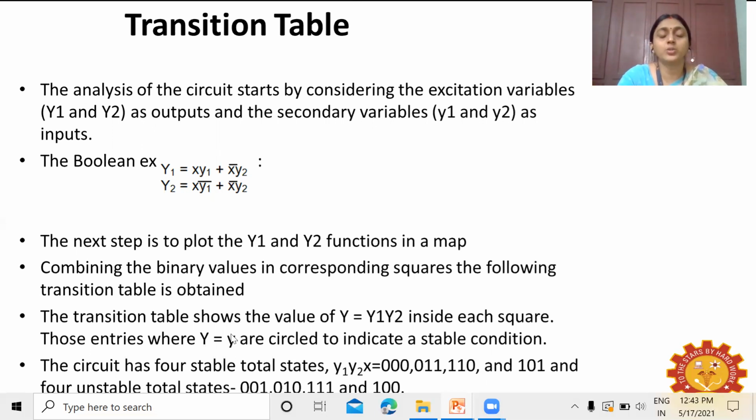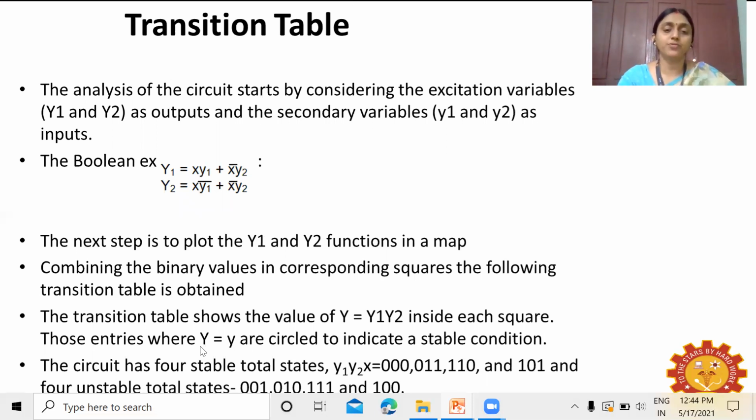The next step is to plot the Y1 and Y2 functions in a map, and we combine the binary values in corresponding squares. The following transition table is obtained in the further slides. The transition table shows the value of Y = Y1Y2 inside each square, and those entries where y is equal to Y are circled to indicate the stable condition.